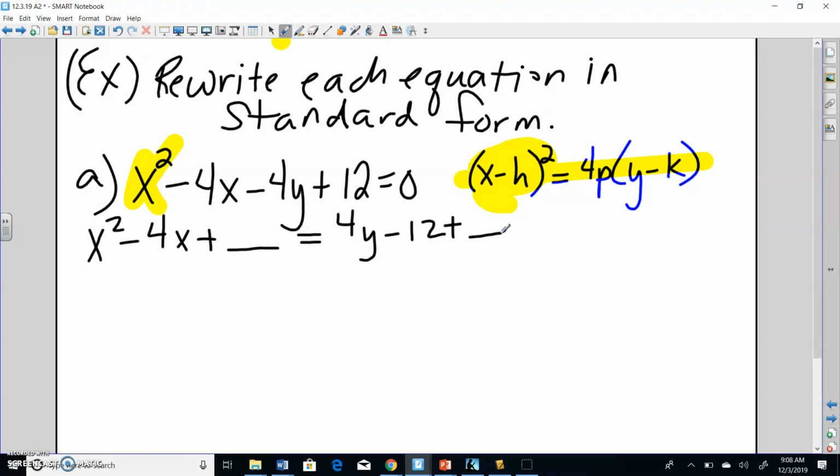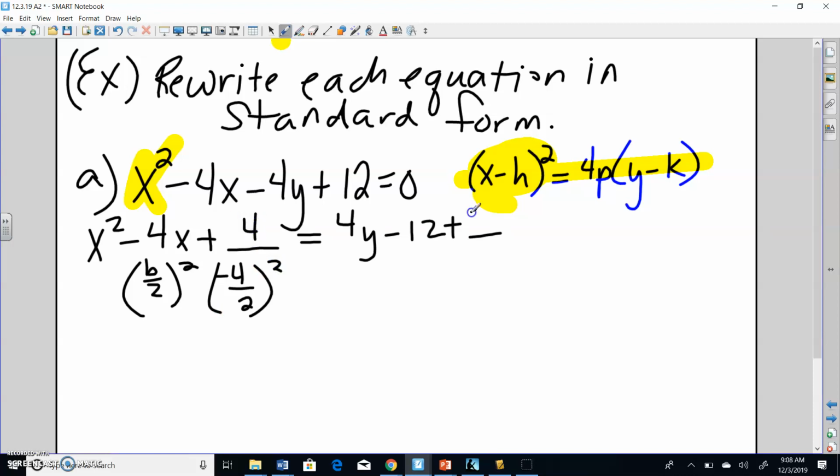Okay, completing the square. Remember, when we complete the square, we're going to take b over 2 and then square it. And that's what goes in our blank there. And b is what's in front of x to the first. So in this case, it's negative 4. So we're going to take negative 4 over 2 and then square it. Negative 4 over 2 is negative 2. Squared would be 4.